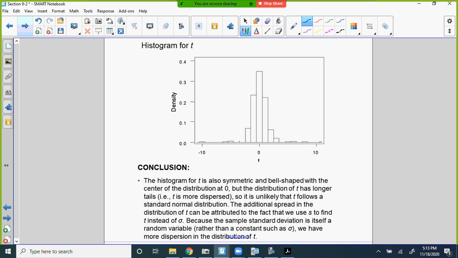So if we look at a t, the histogram for a t is also symmetric and bell-shaped with the center of the distribution at 0. But the distribution of t has a longer tail. Okay, you can see how things are over here. We got things there, right?